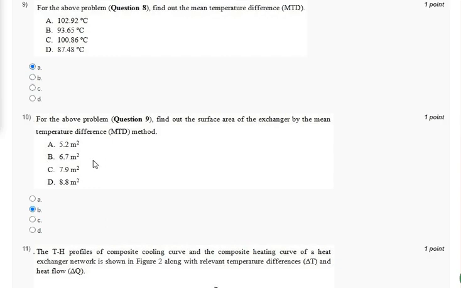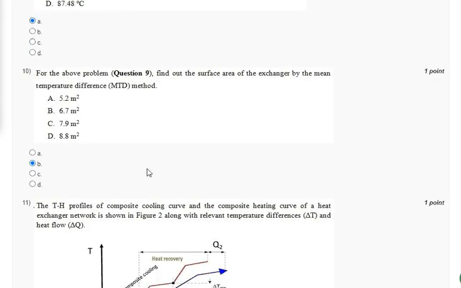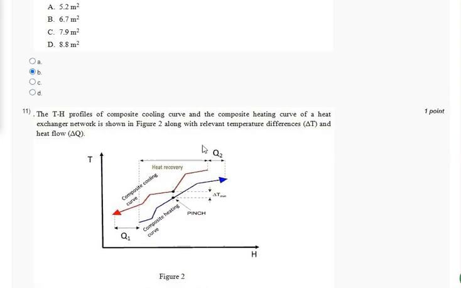So here the answer is 6.7 meter square. Here I again repeat the total heat which is exchanged. Q is equal to overall heat transfer coefficient into area into correction factor into delta T, which is LMTD. So from this formula you will get the area 6.7 meter square.